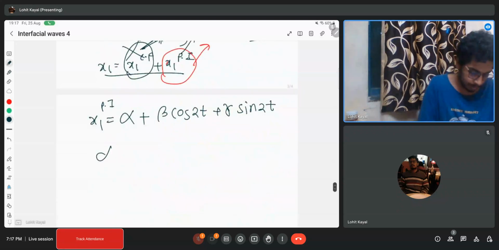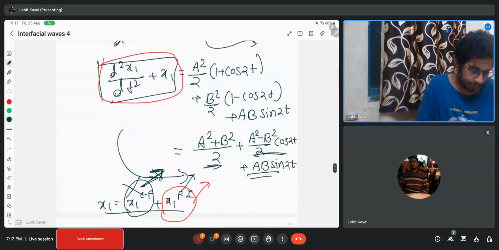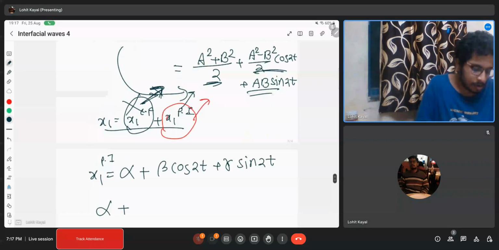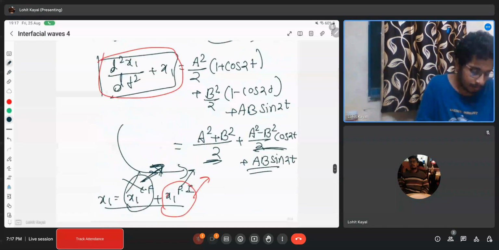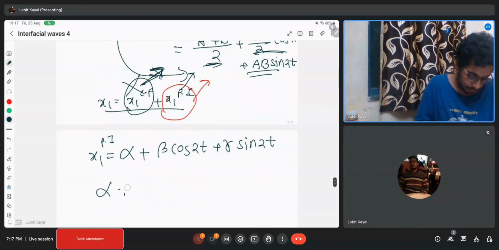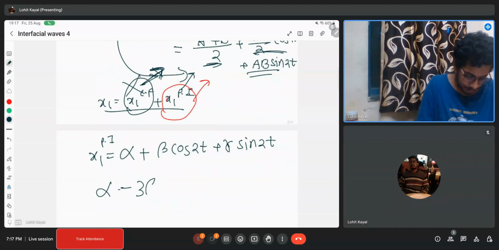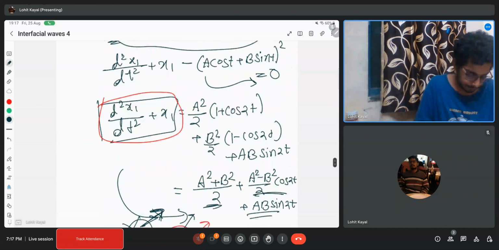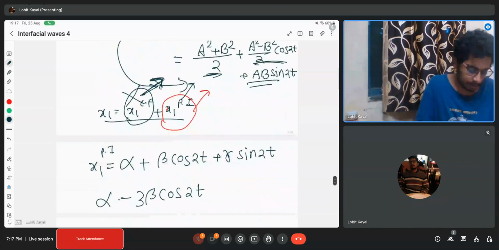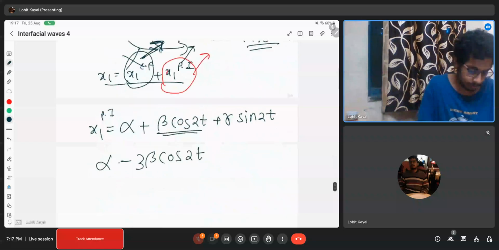After substitution, we will get alpha minus 3 beta cos 2t minus 3 gamma sin 2t, because if we take the double derivative it will be minus 4 beta, and here it will be beta, so it is minus 3 beta.